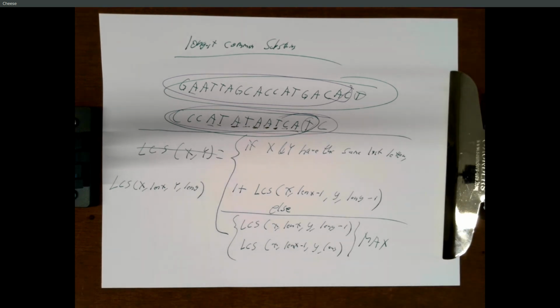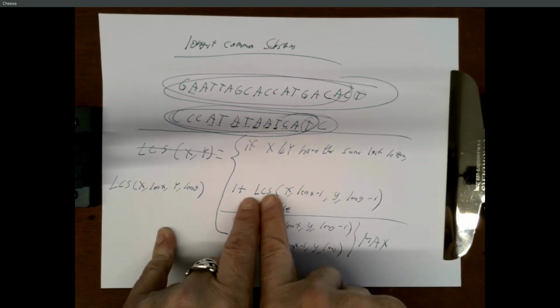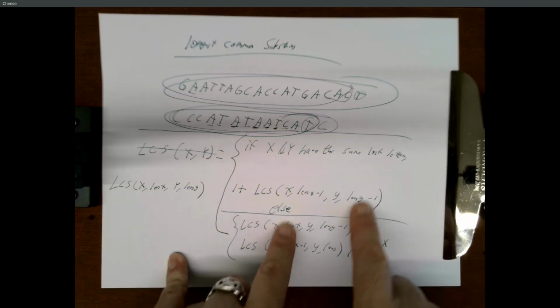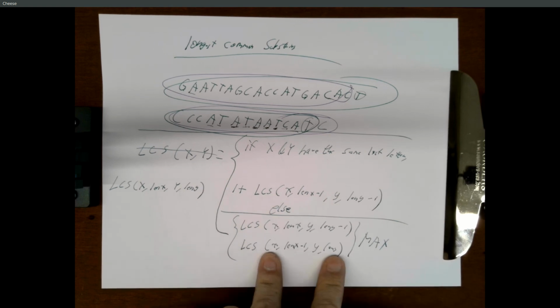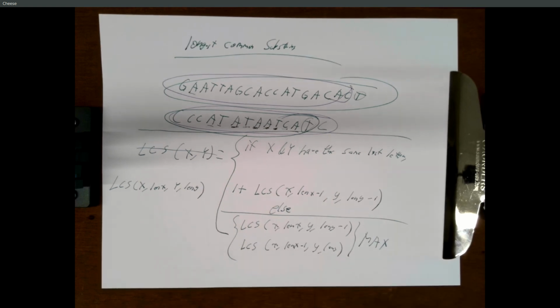And we need a base case, which might be if one of the strings has length 0, then the longest common subsequence is 0. And so each of these will make a recursive call to LCS with at least one argument that's smaller than what you were called with, one length that's smaller, which means our strings are shrinking, and after a finite number of these calls, eventually at least one of these arguments is going to be 0.